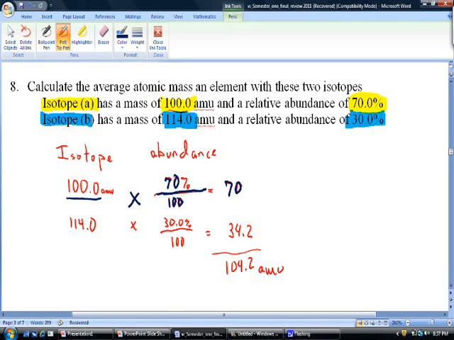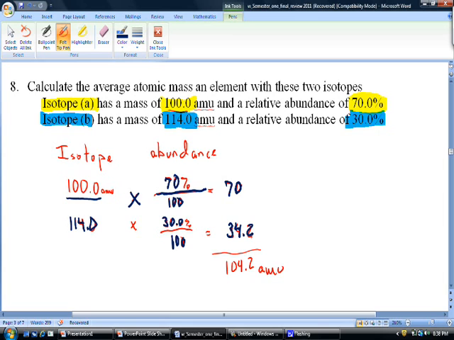And you're saying, that was easy, I can do that in my head. The other isotope has a mass of 114, and its relative abundance is 30%. So I multiply 114 times 30 divided by 100, and I get 34.2.